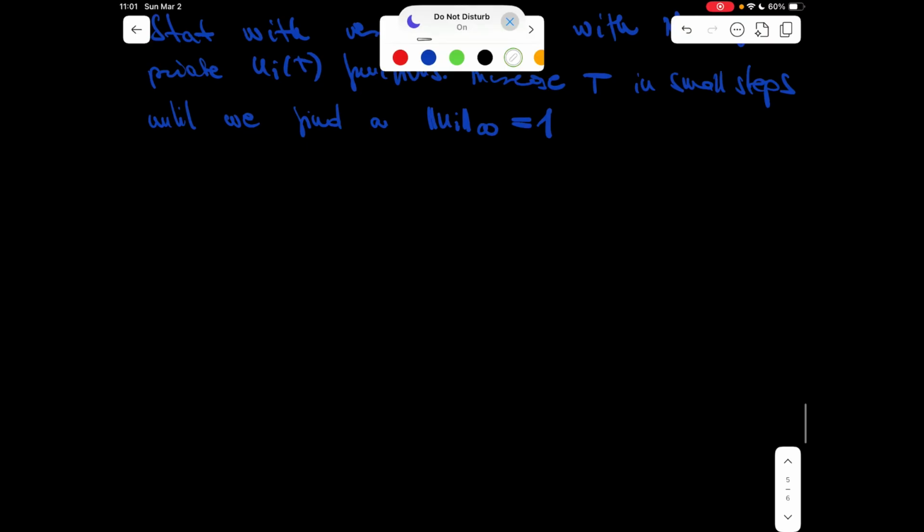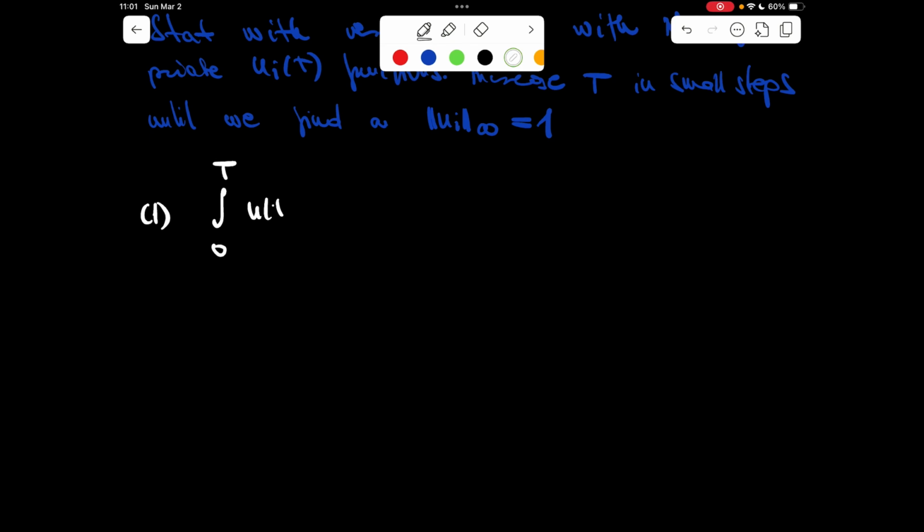Okay, so the restrictions. We have 2 restrictions for the sake of good order. This is -1, and restriction 2, this integral is 0.